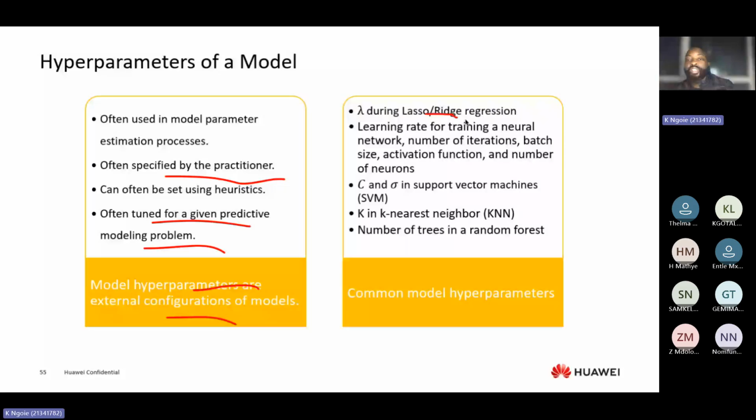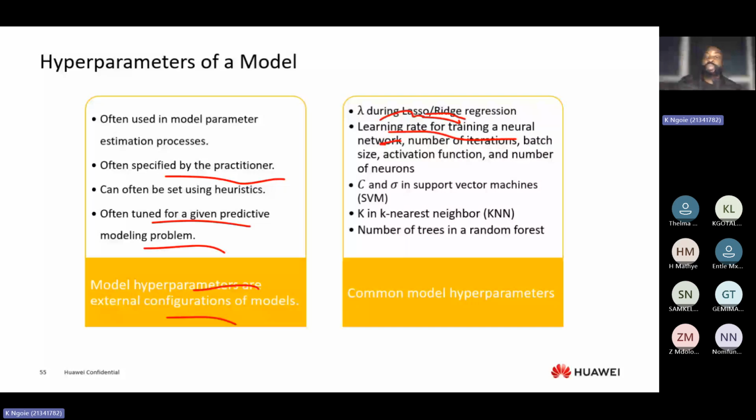We spoke about this yesterday when talking about feature selection, to see how many features we're going to take. So we can set how many groups of features you want at a time. You also have the learning rate for training a neural network. All those settings are hyperparameters because you are the one changing them.